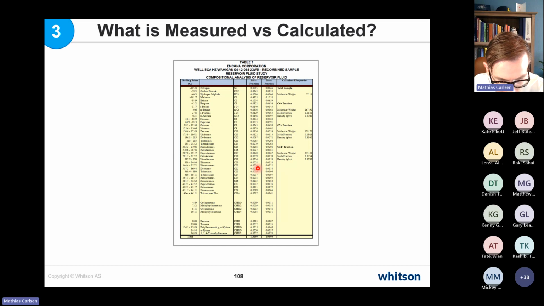Maybe I can zoom in a little bit, but it has the component name here, the mole fraction here, the mass fraction here, and a few properties over here to the right. I would like you to think about, on this page, what is actually measured, what is actually calculated, and what you get from a PVT report.